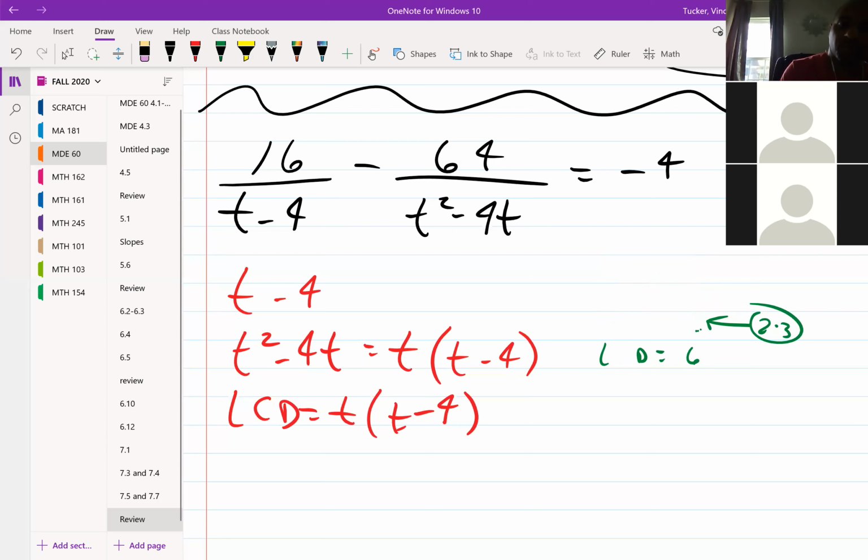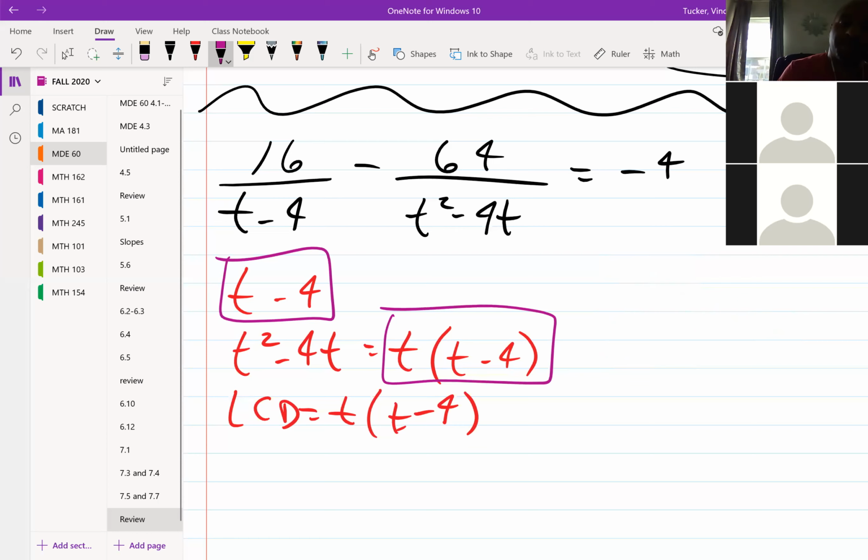The LCD consists of the different quantities or the different factors that you see. This one is already factored as much as possible. There's nothing I can do with that. And this one, it was able to factor out a t. So what has to be a part of my LCD is t minus 4 and t. Those are the different ones. Don't write it twice.